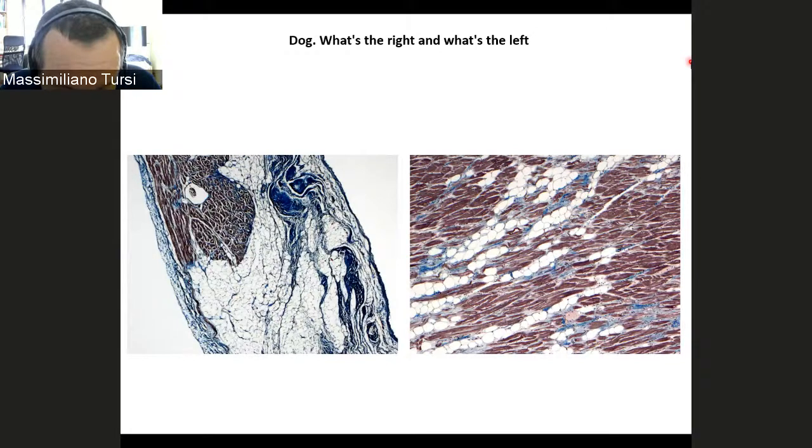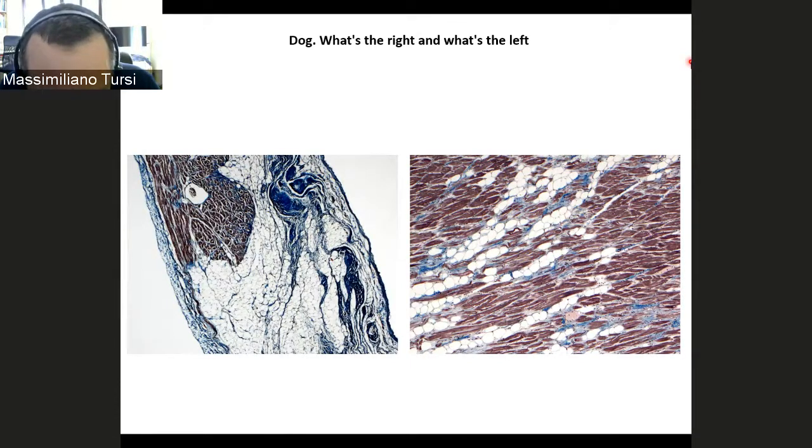In the late stage, we have the effect of the necrosis, and the effect of necrosis is fibrosis. That's the scheme. Many toxics can induce degenerative process and necrosis. It's not a typical or specific reaction of the myocardium.